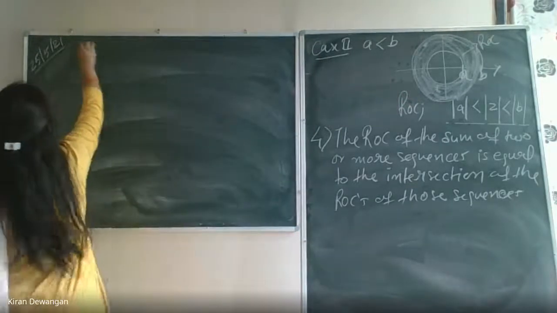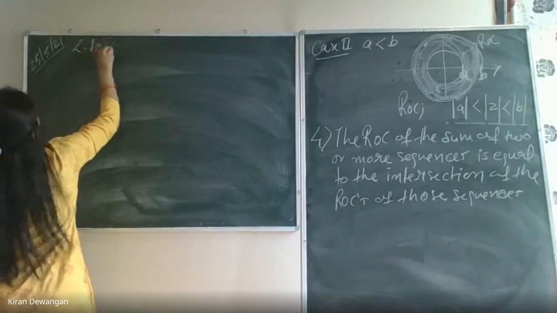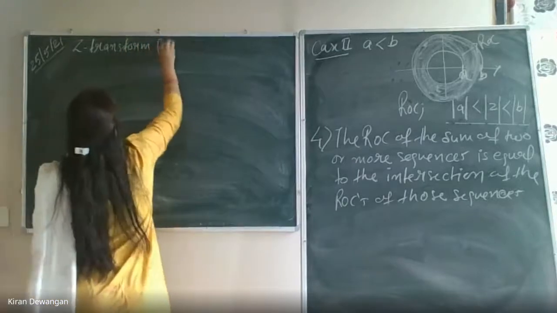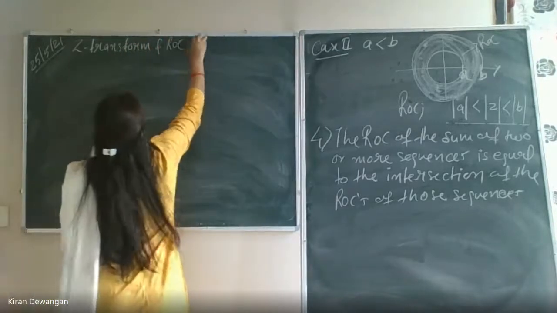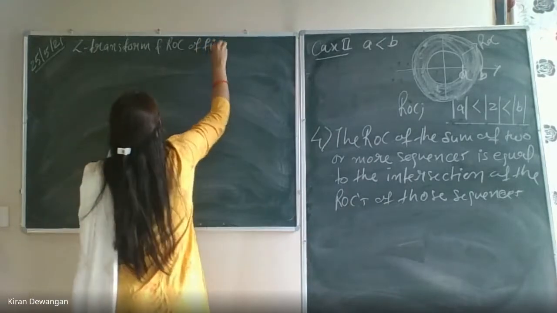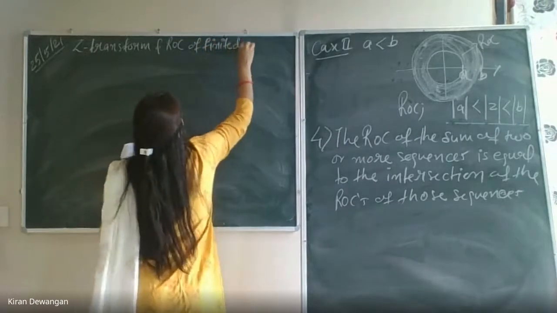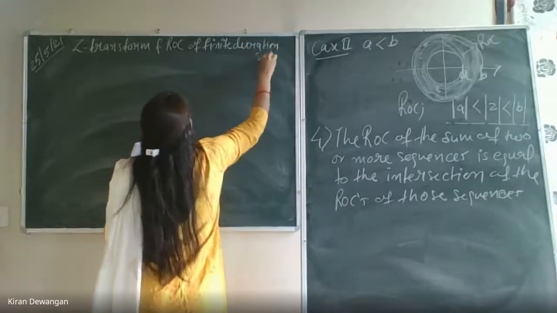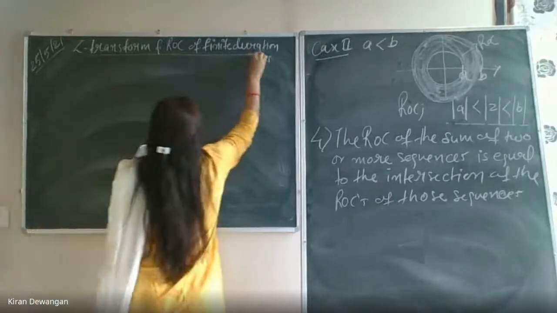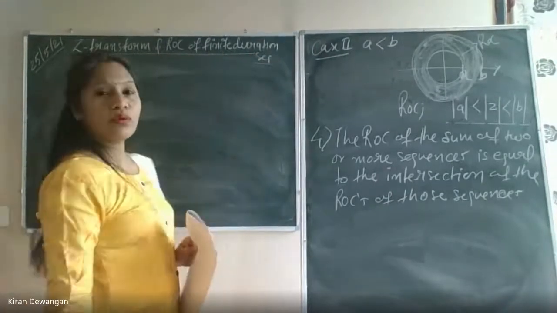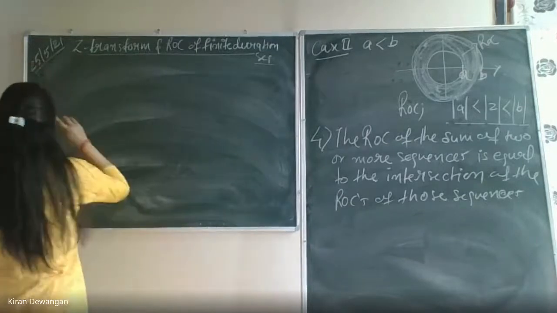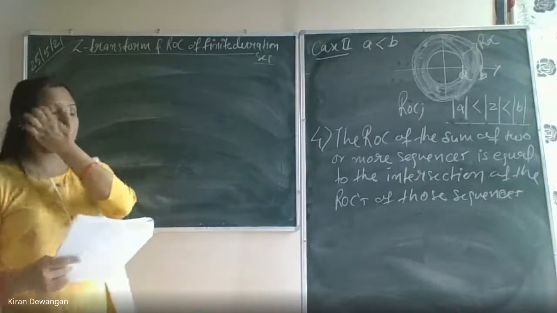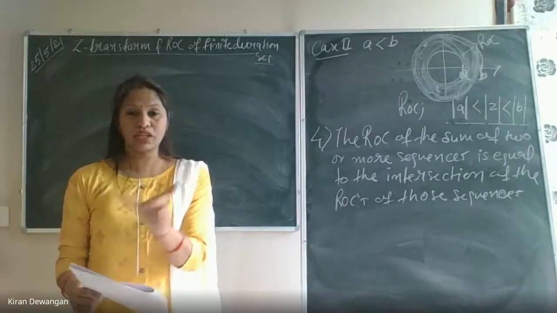So now we will write the Z transform and ROC of finite duration sequences. Now this is again an important topic. Finite duration sequences means x of n will be given to us for certain durations.